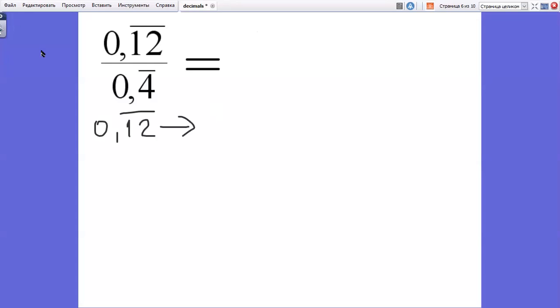To convert it, firstly, you will write this number without the decimal point, which will be 12. After, you will subtract the non-repeating part, which is 0, and you will divide by 99, because in the fraction part you have two repeating digits, which are 1 and 2, and you are going to have the fraction 12 over 99.